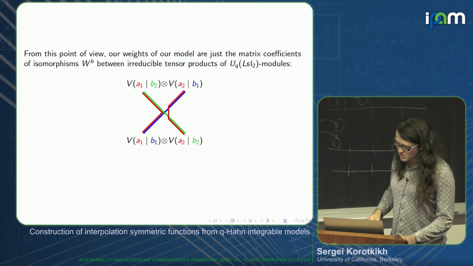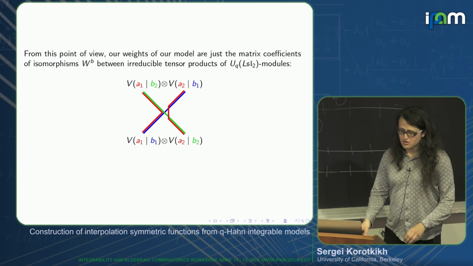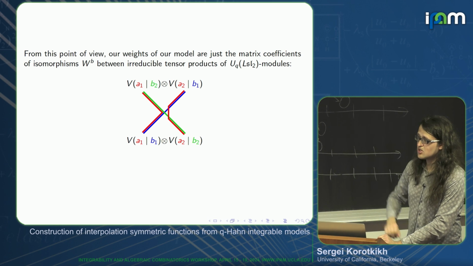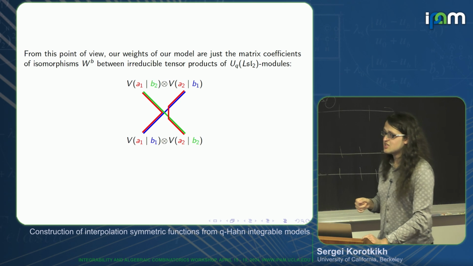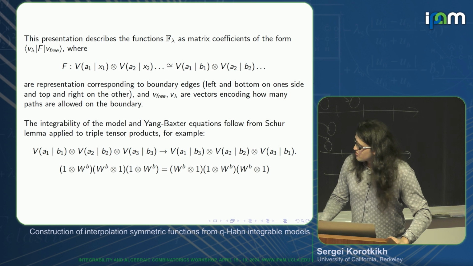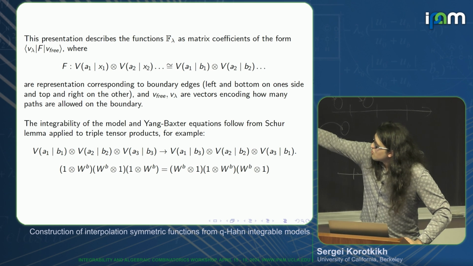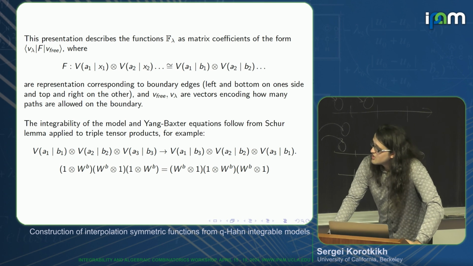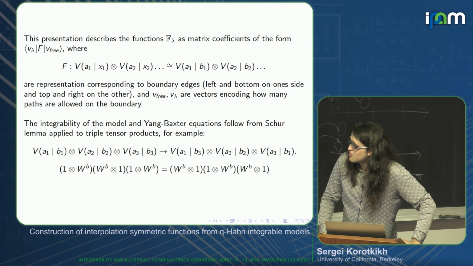And then using this picture, you can basically interpret all this model I had for q-Hahn polynomials as just a certain rule for taking matrix coefficients of this isomorphism between tensor products. And this will imply integrability. And probably for the last slide, to be more precise, these functions f lambda, using this interpretation, can be written as just a certain matrix coefficient of pretty huge tensor products.